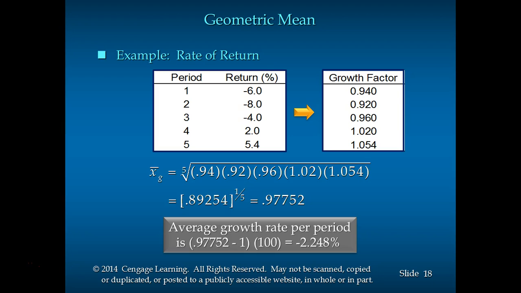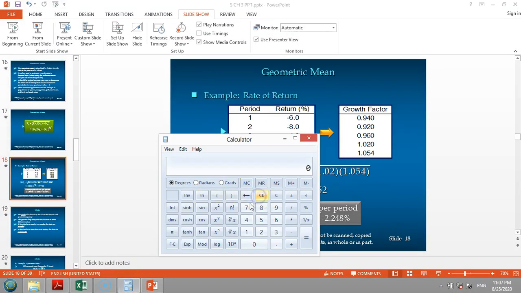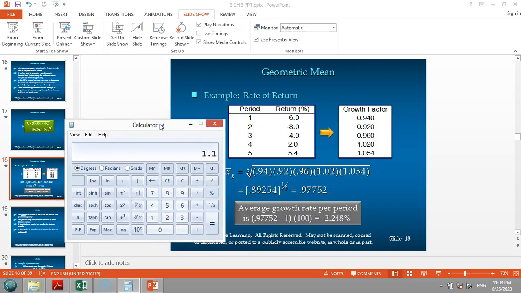And this geometric mean will actually be able to calculate this. How would you calculate it? Well, you multiply. The first time it went up by 10%, so the growth factor is 1.1. And the second time it went down by 10%, so the growth factor is 0.9.